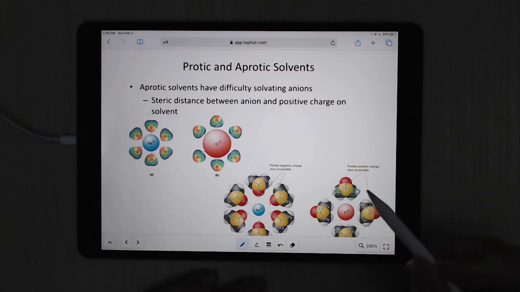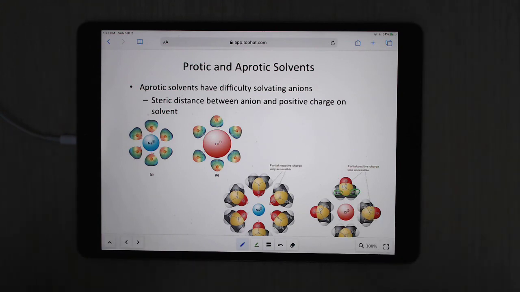These groups kind of get in the way, and so it has a difficult time solvating chlorine. Aprotic solvents generally don't dissolve polar things very well, or salts very well, I should say. And it's because of this sort of steric issue.